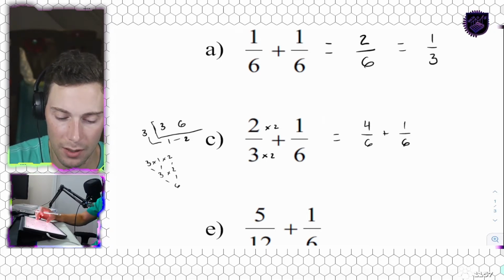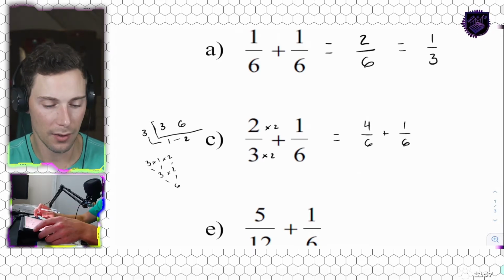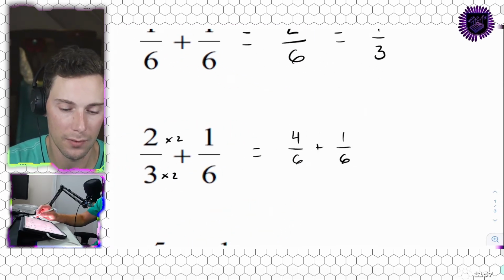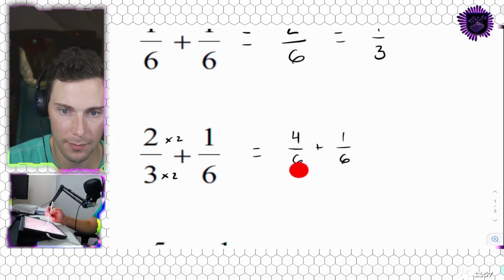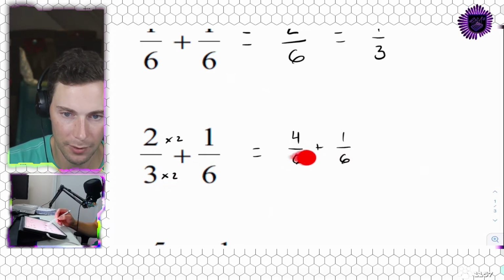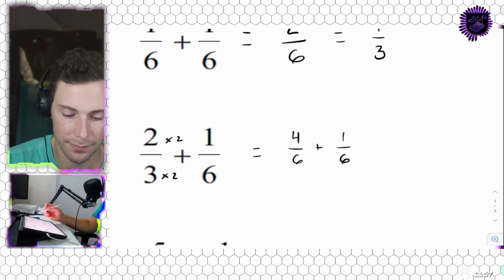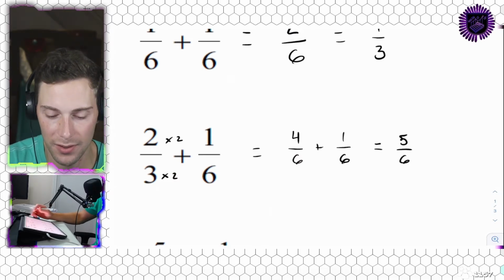What I've done is I've created an equivalent fraction, but this equivalent fraction has a common denominator, right? So this fraction and this fraction are the same, but now these two fractions have a common denominator. So we can just add the tops, and our answer is going to be 5/6.